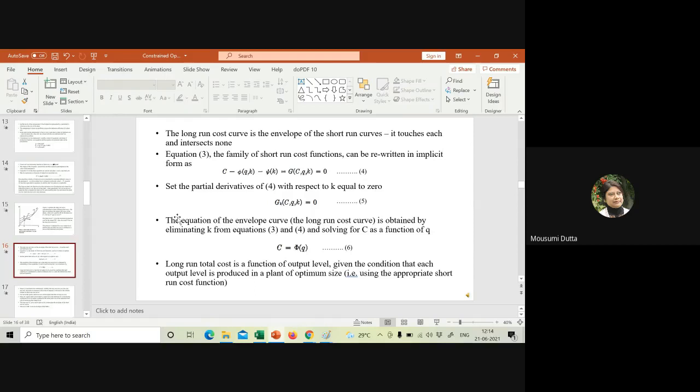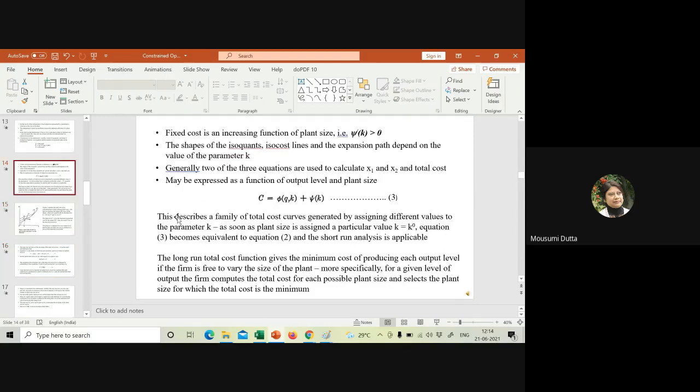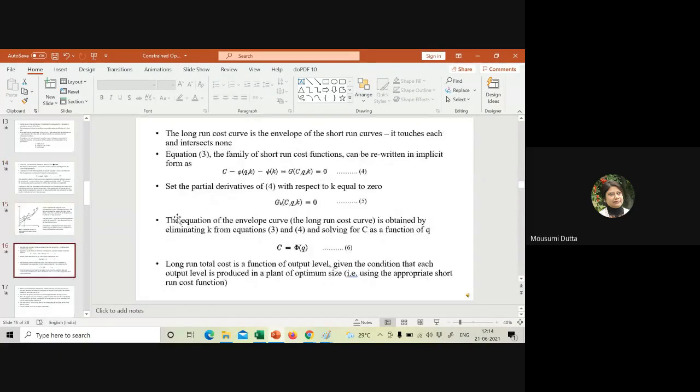Okay, so equation 3, which is the long run total cost curve, C as a function of Q, K plus psi of K, a function of the variable plant size, indicates a family of short run cost functions, or in other words, a long run cost function indicates a family of short run cost functions.